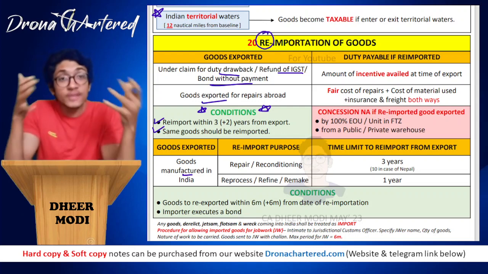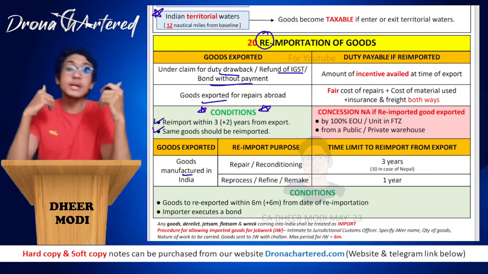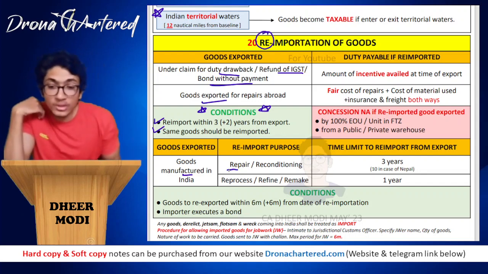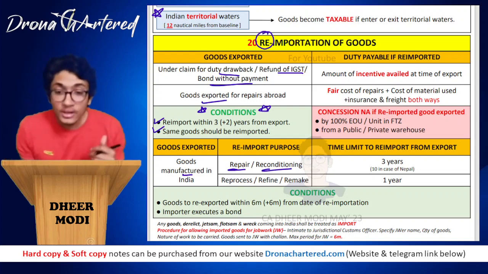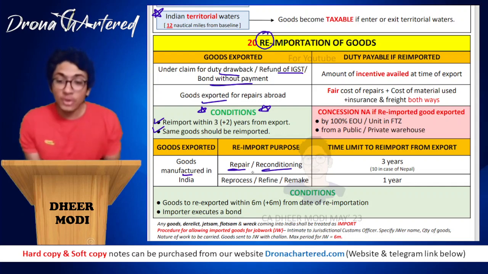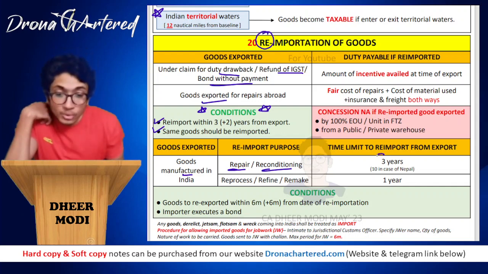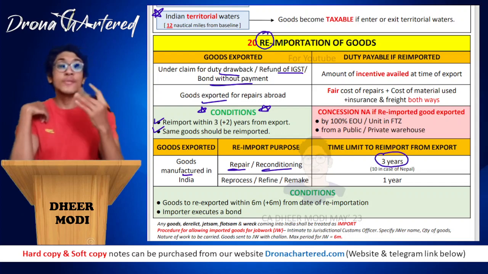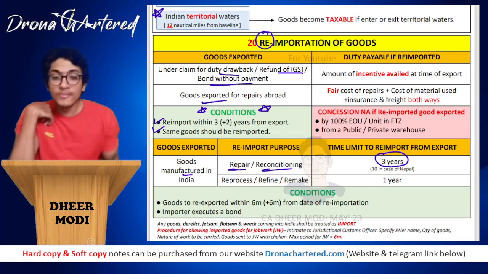Now if there are some repairs that have to be done, these goods are being re-imported for the purpose of repair or reconditioning. The time limit to re-import is 3 years. You have to re-import these goods within 3 years from the date of making the sale, that is from the date of export.